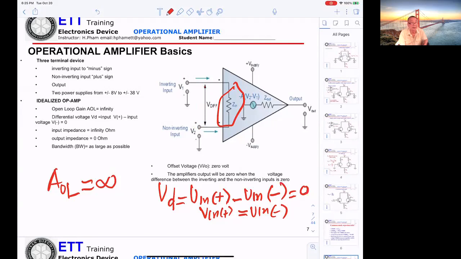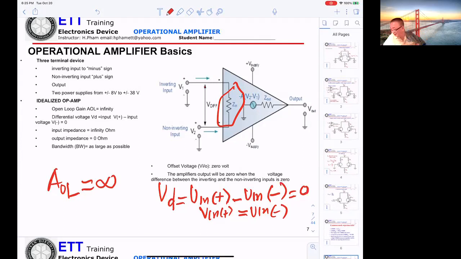The reason they want it big is that it looks like an open, so no current can flow into the input of the op amp. That is the purpose. The current cannot flow inside the op amp. The thing is they get a high input impedance.